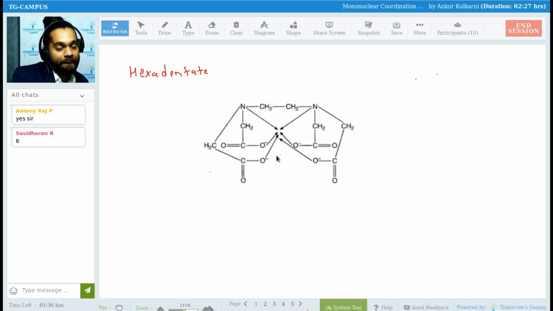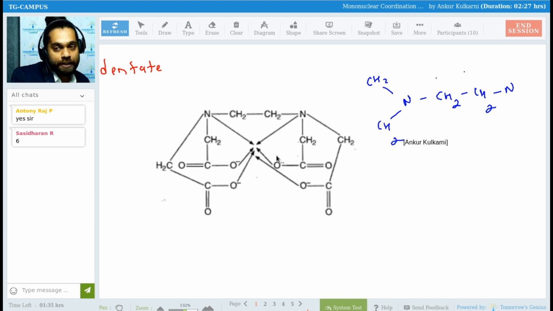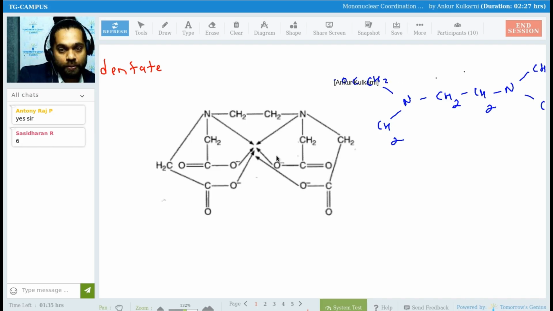I'll simplify the structure. Our structure is like this. CH2, CH2, N, N. CH2, CH2, CH2, CH2, COO minus, COO minus, COO minus, COO minus. Can anyone identify this?